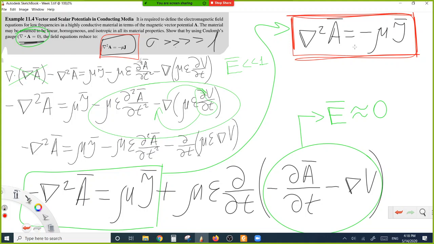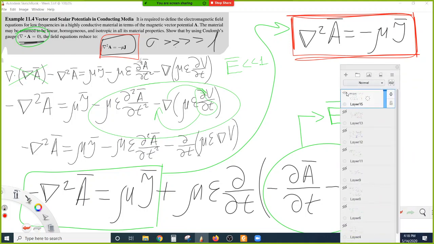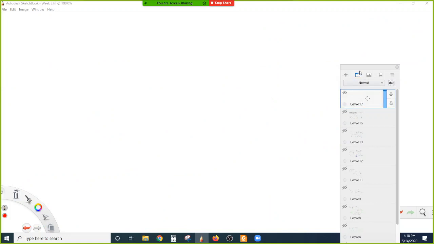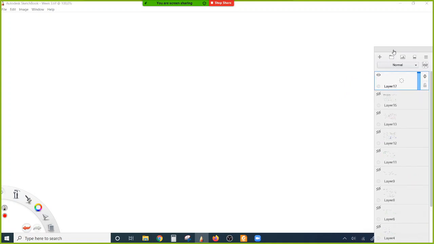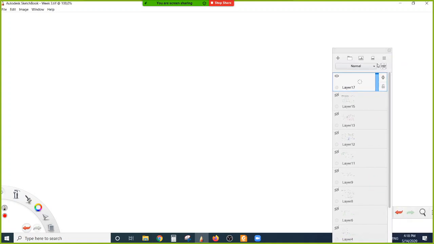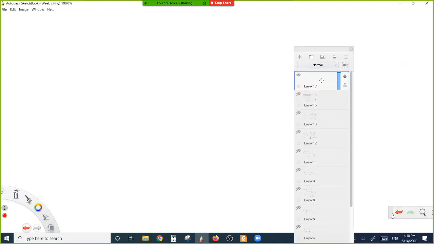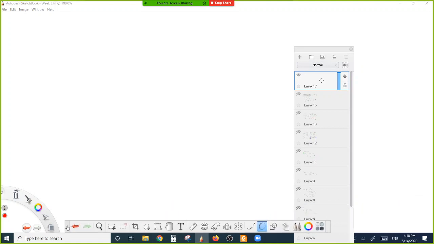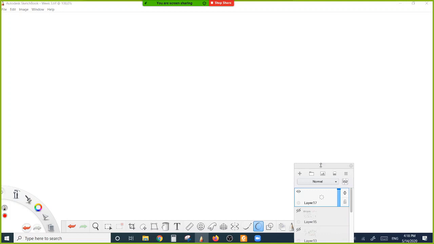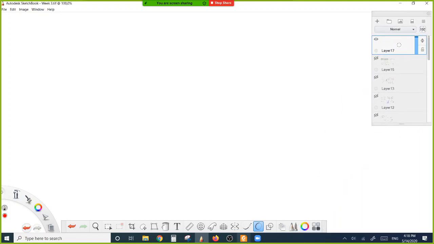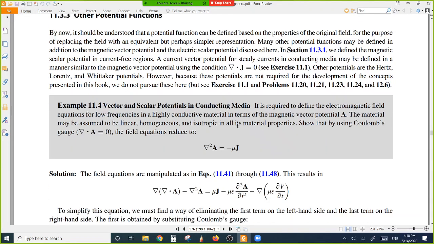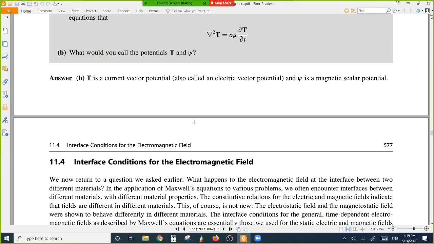Now, next comes the interface conditions. Interface conditions are boundary conditions. In this book they are called interface conditions. Let's discuss the interface or boundary conditions in electromagnetics.